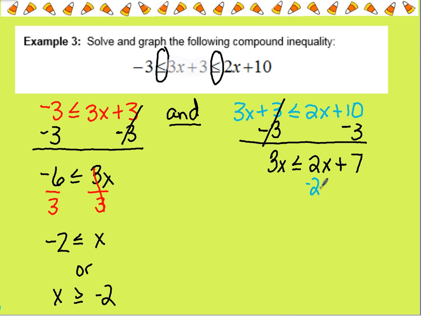I'm going to subtract 2x from both sides, and I end up with 1x, or just x, is less than or equal to 7. So sometimes our steps might be different from what we do on the left versus what we do on the right. As long as you solve for x and get it alone, you are correct.